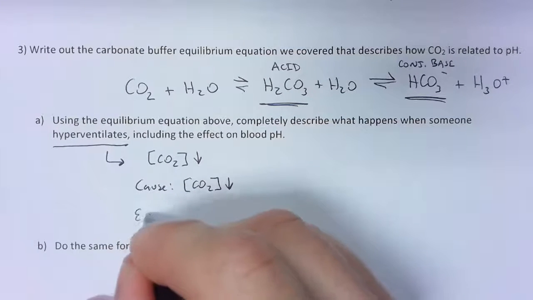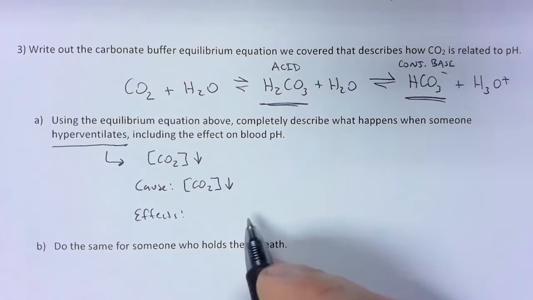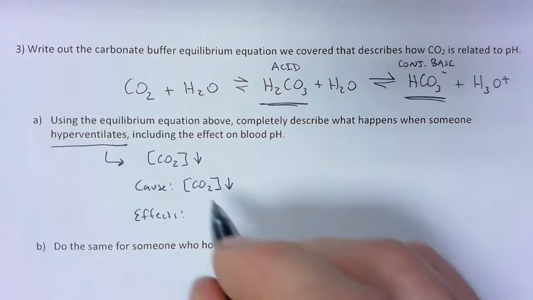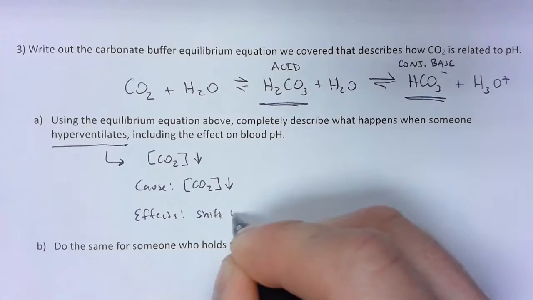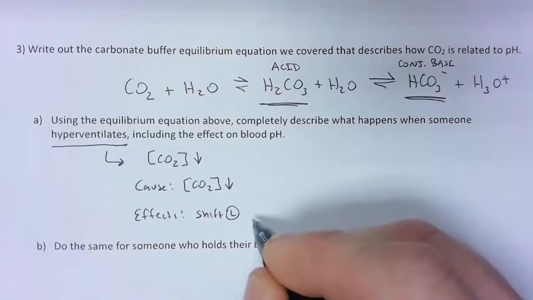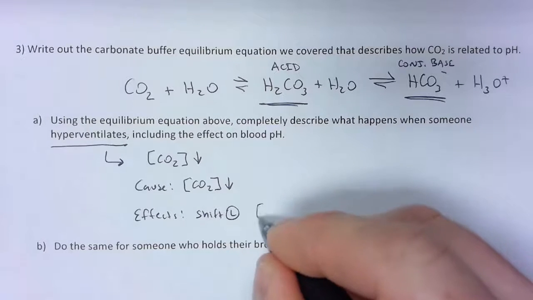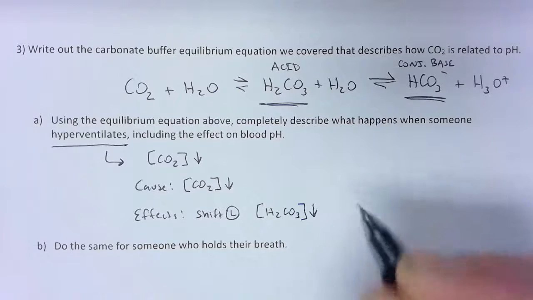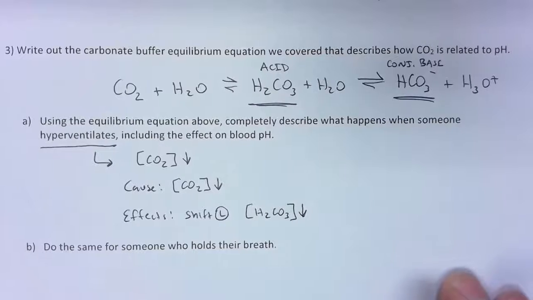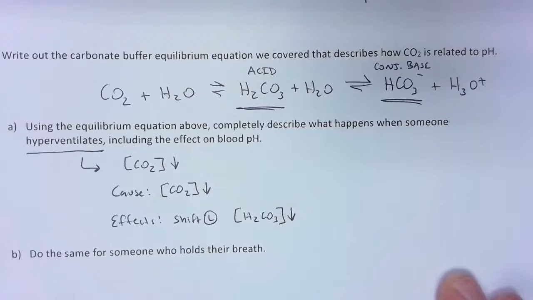The effects of this are the following. The equilibrium will shift to the left. And that will cause H2CO3 concentration to go down. We'll leave water alone, because as I said, water is not really going to be affected here because it's in such a high concentration to begin with.